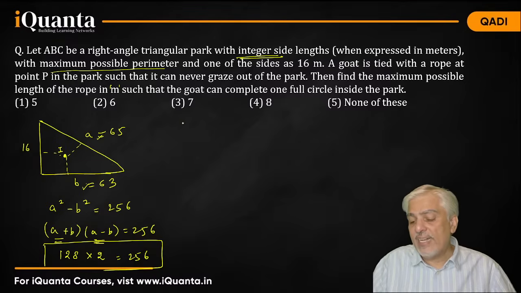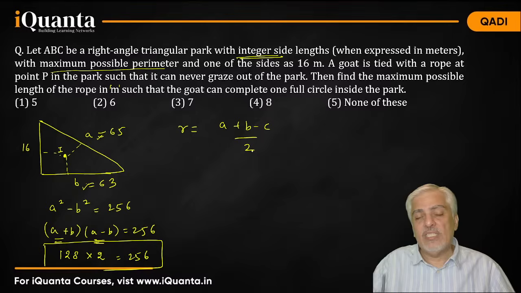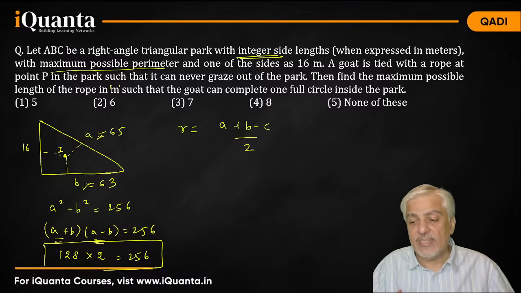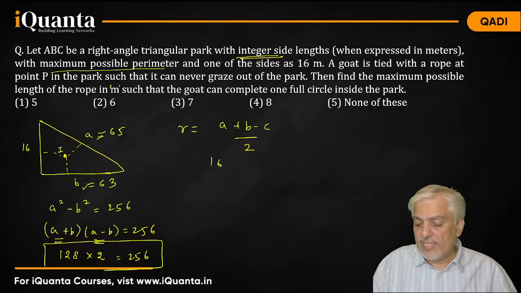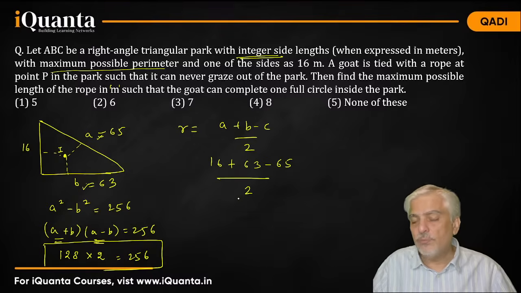And we know in a right angle triangle, the direct formula for inradius is A plus B minus C upon 2. This is a special formula only for right angle triangle. So it will be 16 plus 63 minus 65 upon 2. 63 minus 65 is minus 2. 16 minus 2 is 14. 14 upon 2 is 7.